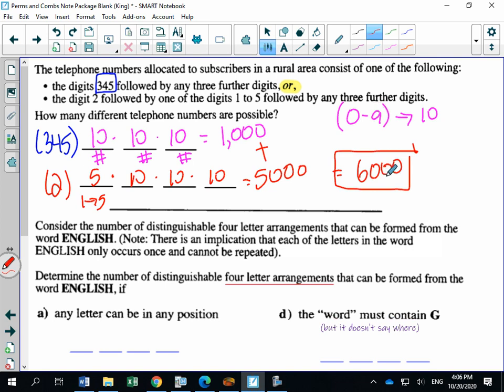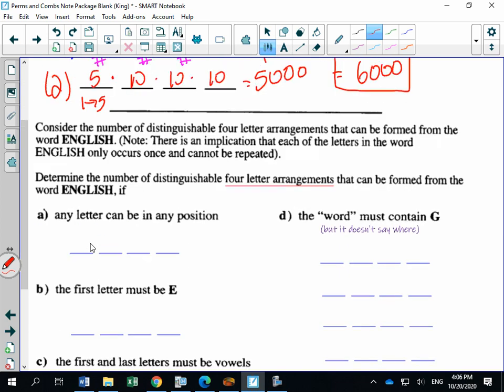Okay, let's look at a question like this one, which is they love giving you a word, and then we're going to do something with that word. So what it says is consider the number of distinguishable 4-letter arrangements that can be formed from the word English. So first of all, 4-letter arrangements means that we're going to have 4 stages.